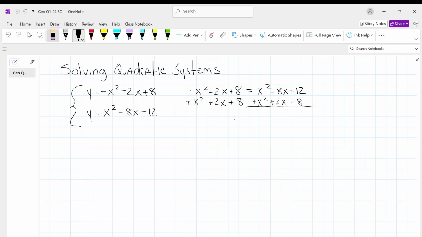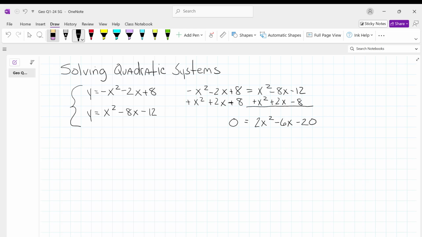So on the left-hand side, we get a 0. On the right-hand side, x squared plus x squared is 2x squared. Negative 8x plus 2x is negative 6x. And negative 12 minus 8 is negative 20.